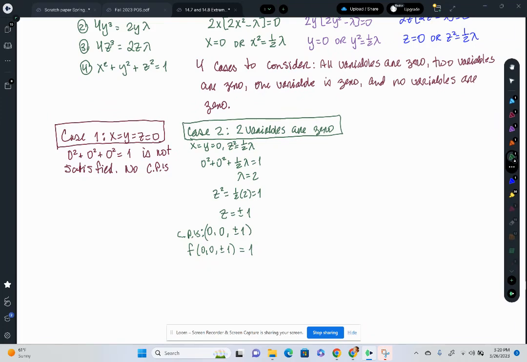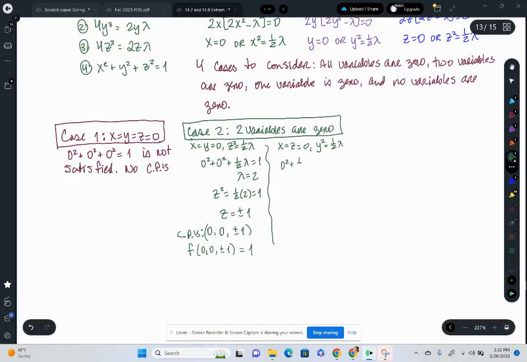Okay, an alternate case here is where x equals z equals 0 and y squared is equal to 1/2 lambda. Well, in this case, we have 0 squared plus 1/2 lambda plus 0 squared is equal to 1. And again, lambda is equal to 2. But now y squared is equal to 1/2 times 2, which is 1.